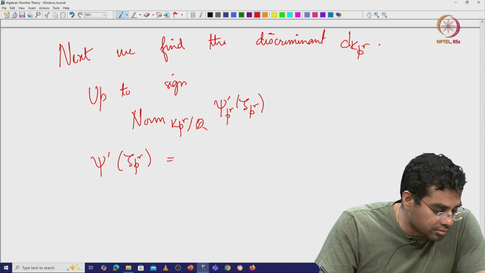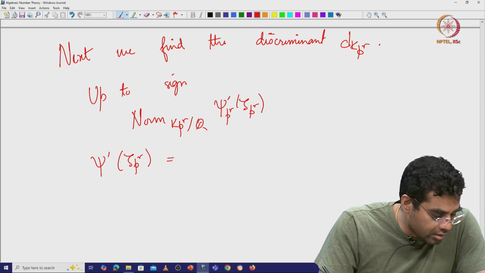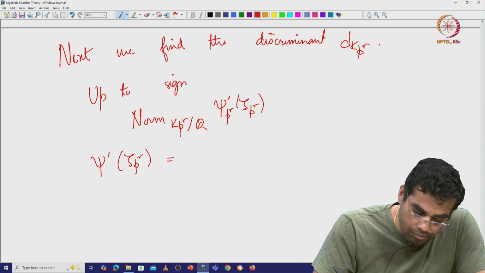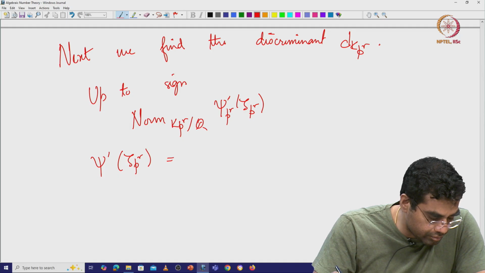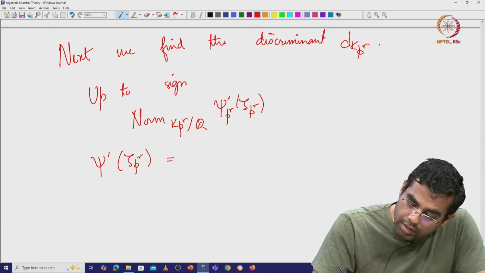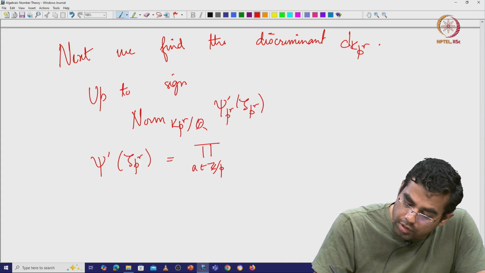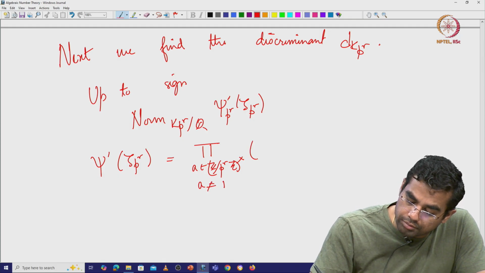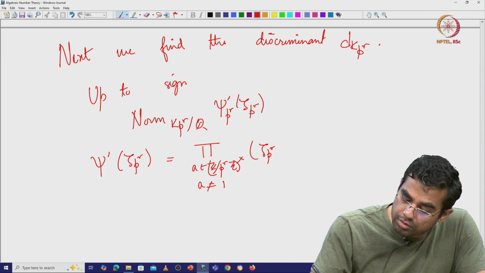So, one way to write this would be the product over all a in Z mod p to the r Z cross, a not equal to 1, of zeta p to the r minus zeta p to the r to the a.